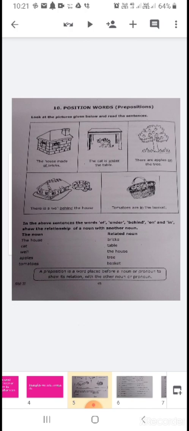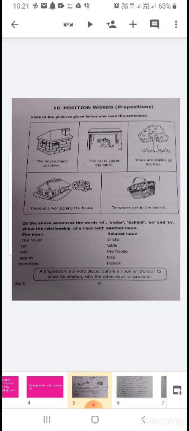In the above sentences, the words of, under, behind, on, and in show the relation of a noun with another noun. There are basically two nouns in the first sentence: house and bricks. So of shows the relation between the first noun and the other noun.